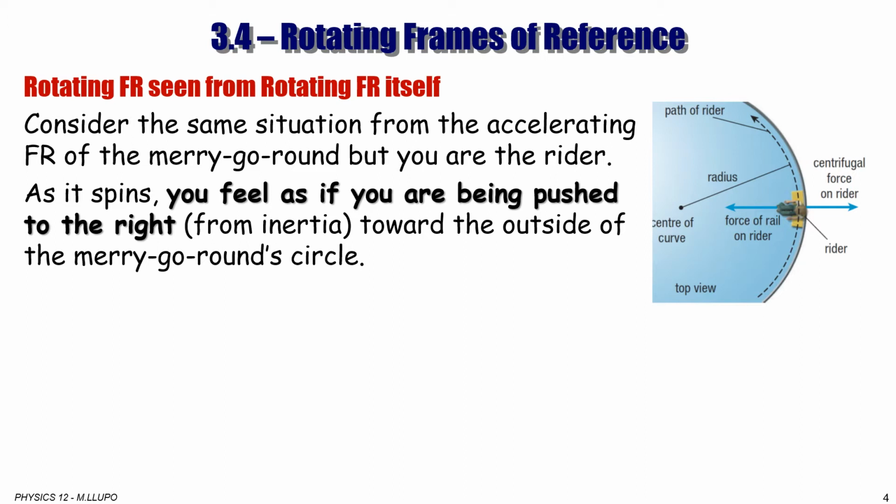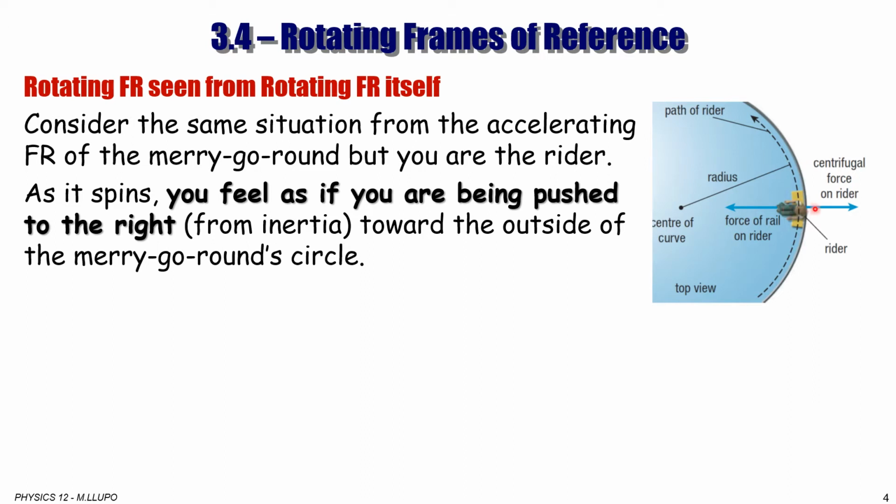Let's say at time t1, you are at this point here. And you know the velocity vector is always tangent to the circle. So if there's no rail holding you, you're going to go, because of inertia, in a straight line. So you're going to end up here at time t2. However, there is a rail holding you at this point.